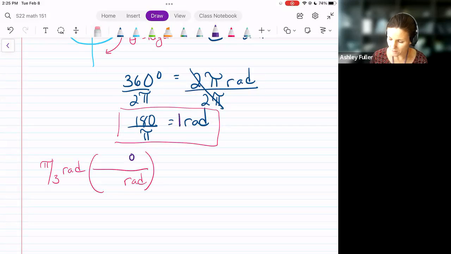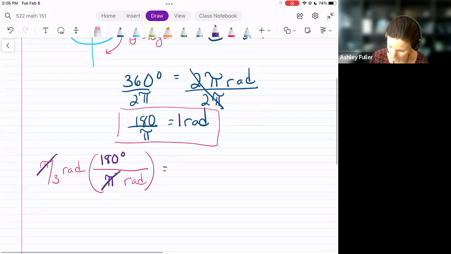Well, I know that the relationship of pi radians is 180 degrees. I'll make this degree symbol a little smaller just for clarity. So I multiply across the top and divide by the bottom. Notice the pi's cancel, and I end up with this being 60 degrees.